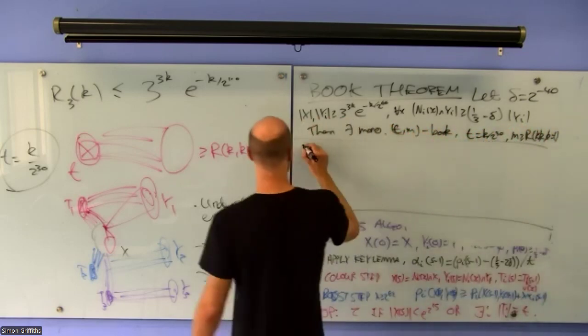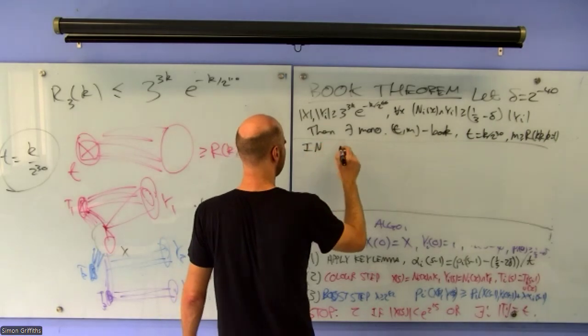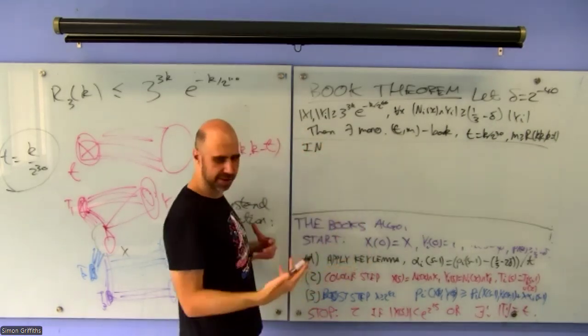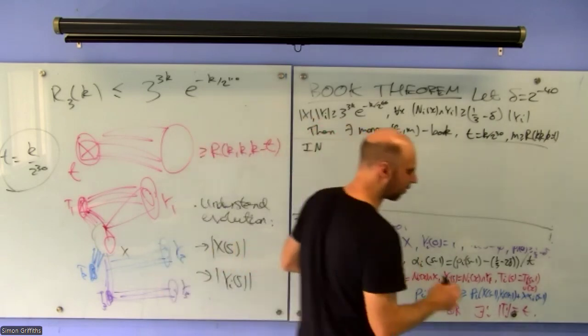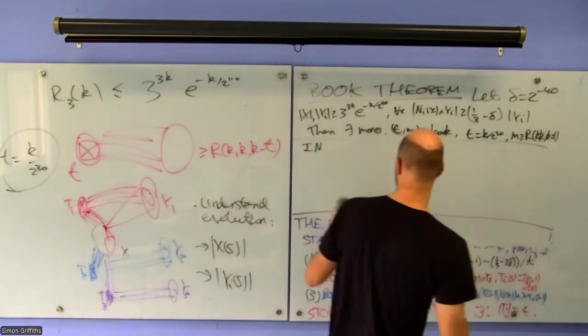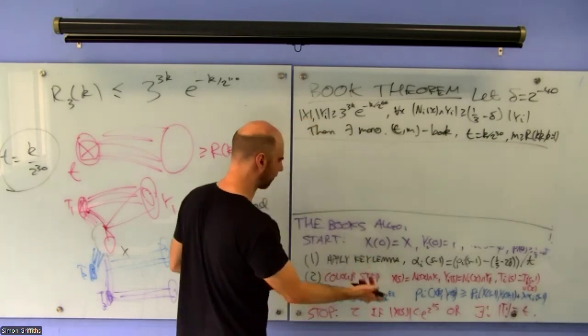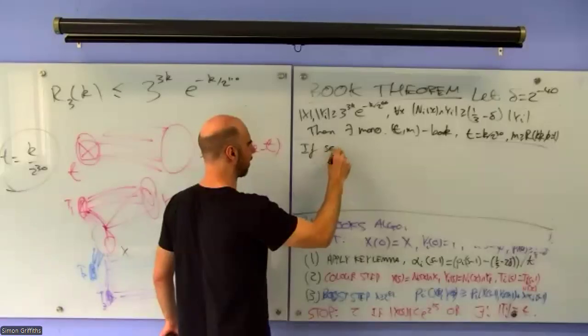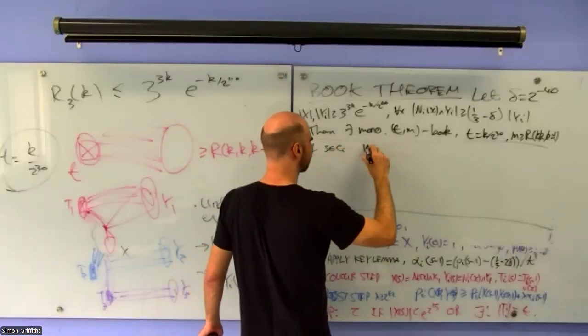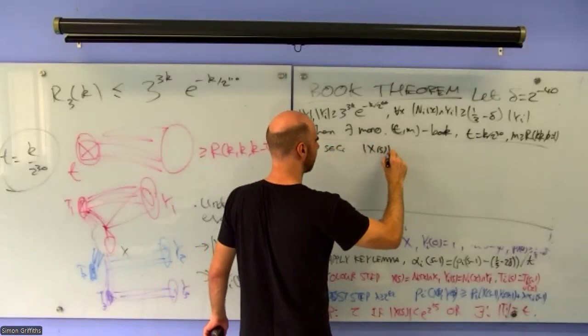So in the color step, if you remember, we were using CI when it was a color step in color I. We're going to be interested particularly today in the size of the sets. So if you do a step in color I, then how much does X go down?